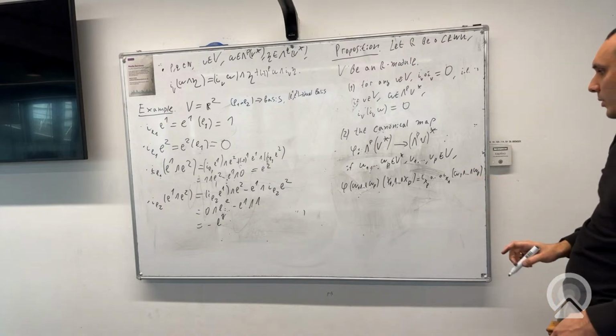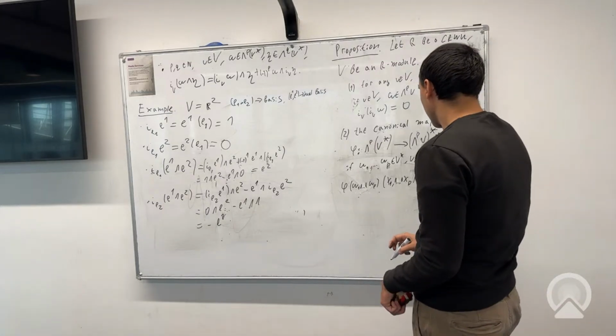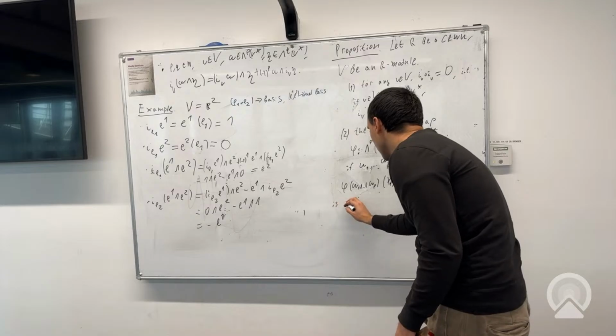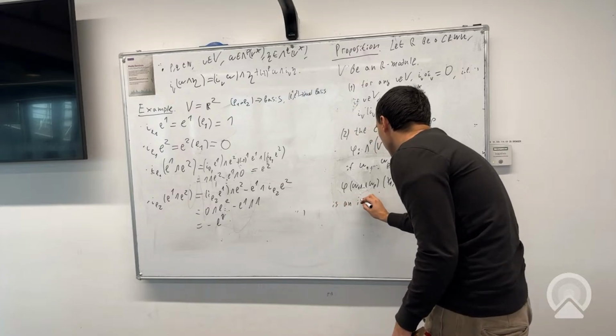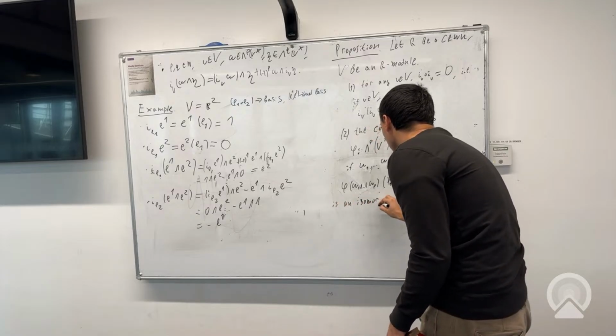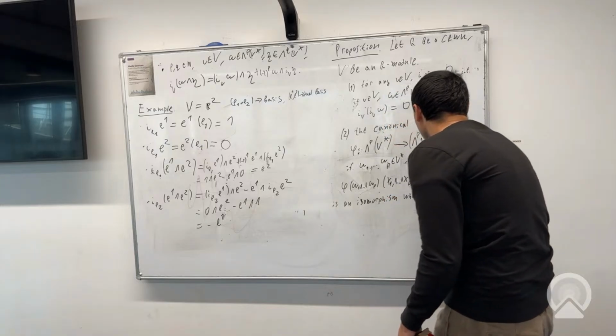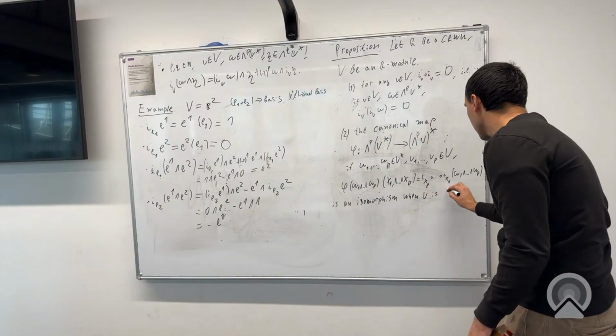So this canonical map is an isomorphism when V is finite dimensional.